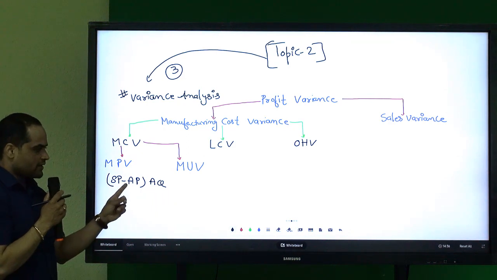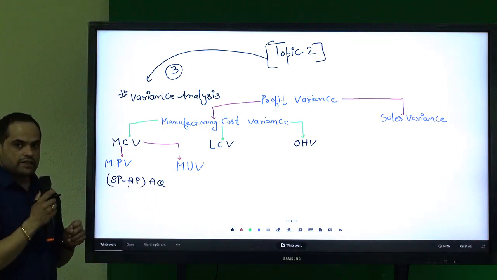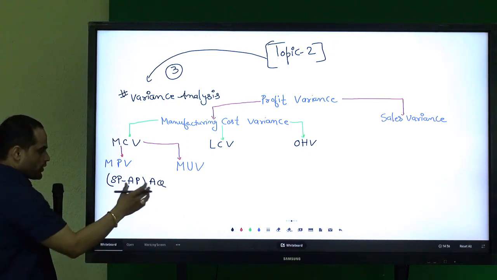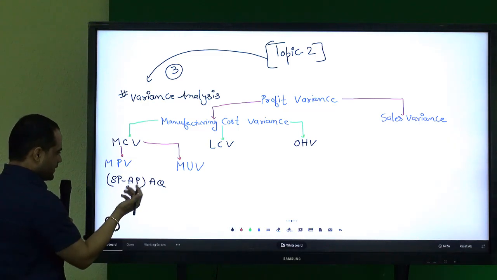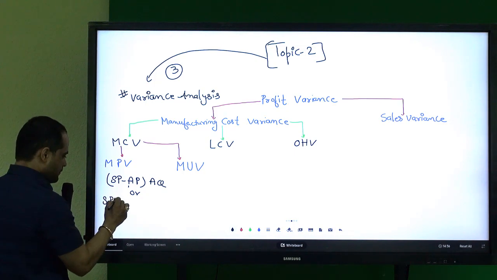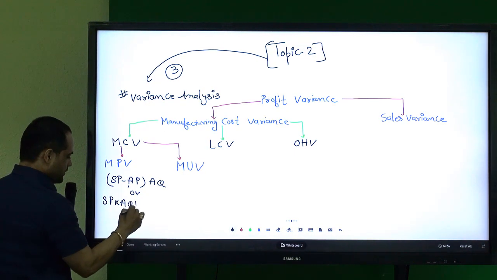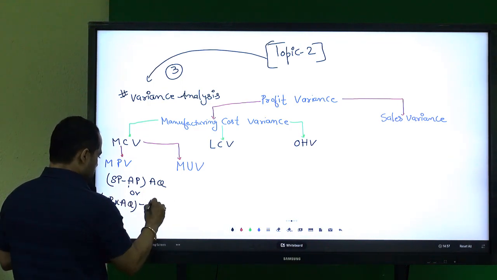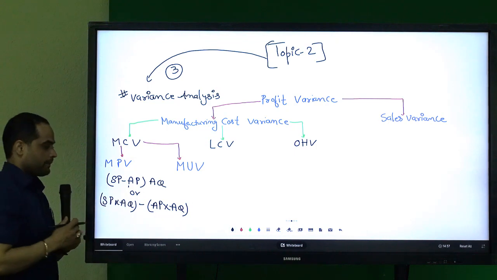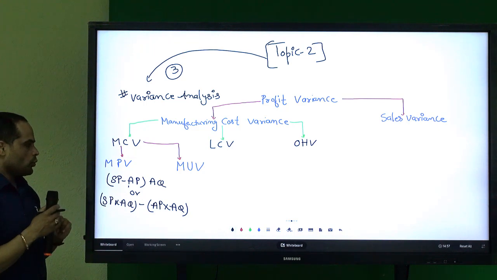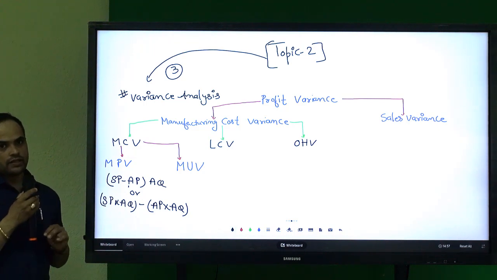You can rewrite this formula in another way: standard price multiplied by actual quantity, minus actual price multiplied by actual quantity. All right? These kinds of formulas will help you estimate the material price variance.